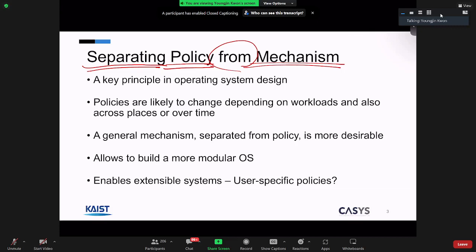You have to modularize your code, where this set of functions implements mechanism, and this set of functions implements policy. There has to be a clean separation. That is most important, one of the important design principles: separating policy from mechanism. Why is this design useful? We'll talk about it later. The scheduler is a typical example of separating policy from mechanism.